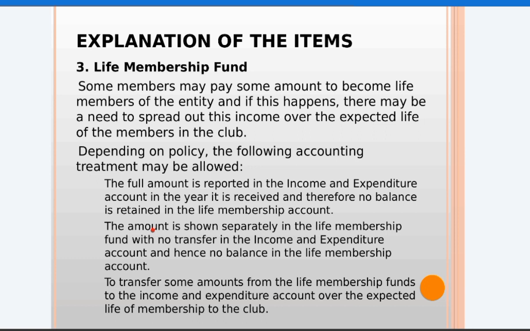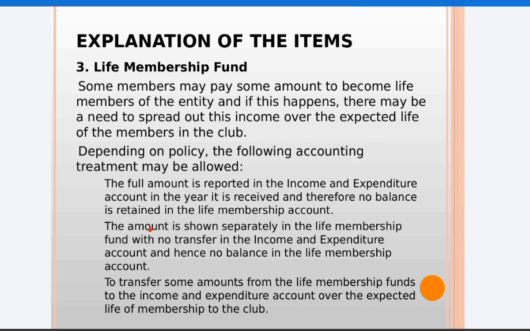Number one, you treat it as income and therefore don't create a life membership fund. Number two, you treat it as a life membership fund and report it as an item in the balance sheet. Or number three, you create a life membership fund and transfer some amounts to the income and expenditure account over the expected life of the organization.